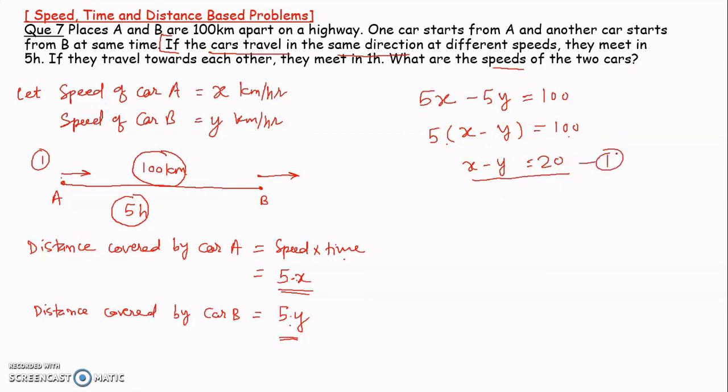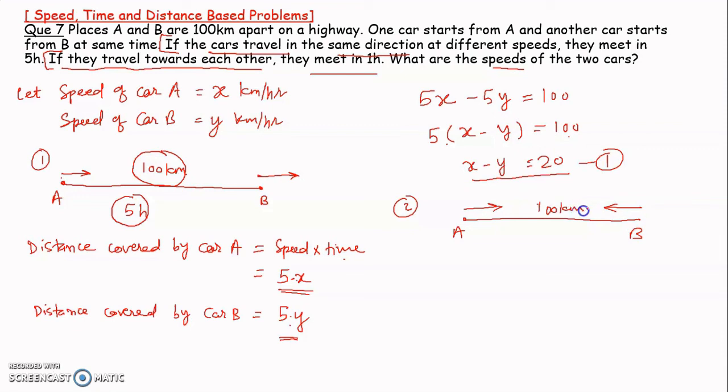Now same way, consider the second condition. The second condition is if they travel towards each other, they will meet in 1 hour. So let's say this is place A, this is place B. Now both travel toward each other and they will meet in 1 hour.